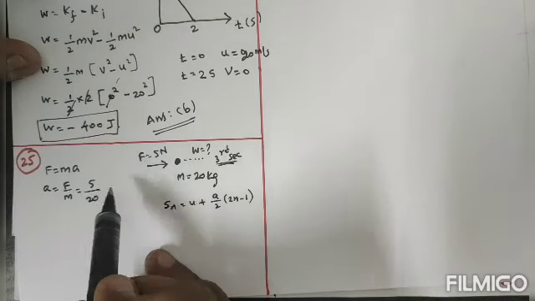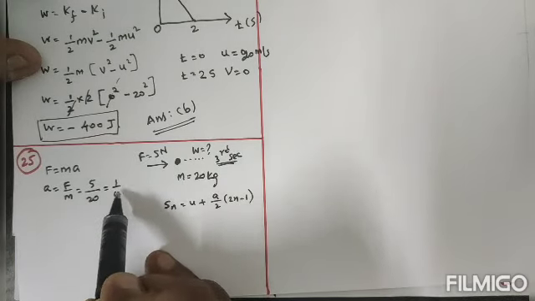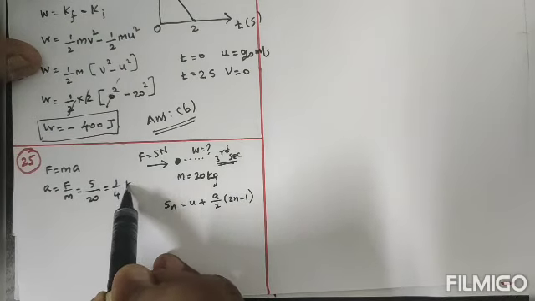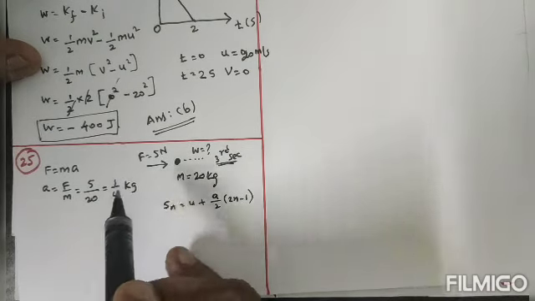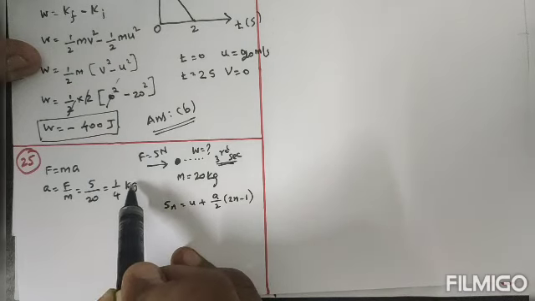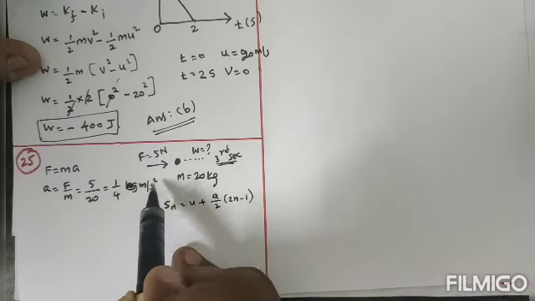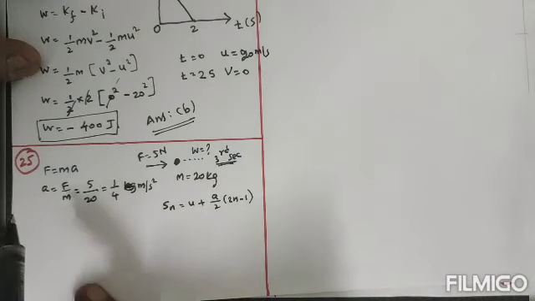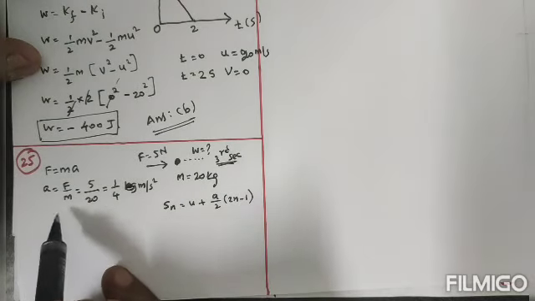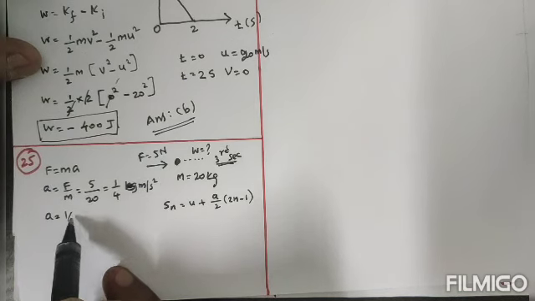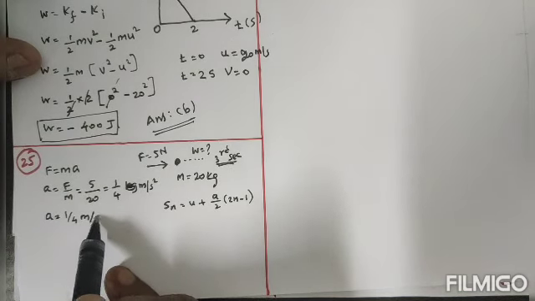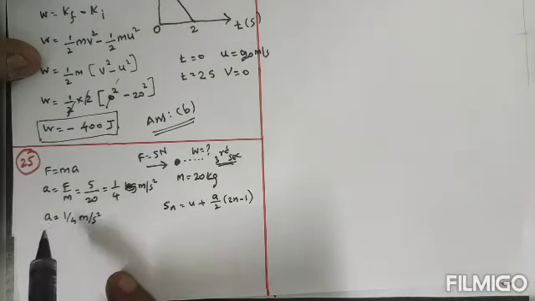So 5 by 20 we can write as 1 by 4 meter per second squared. So the acceleration of the body is equal to 1 divided by 4 meter per second squared.